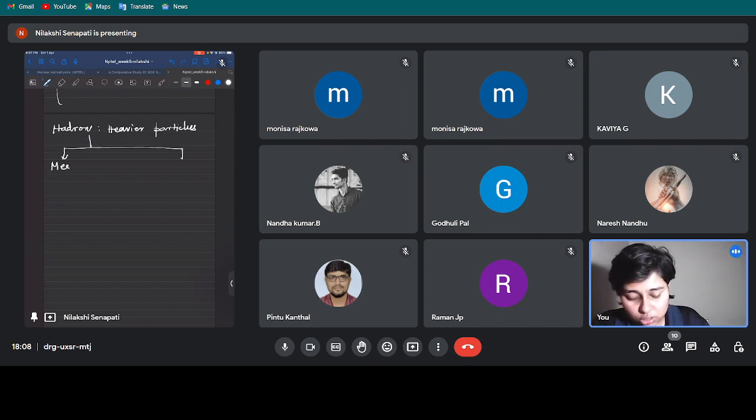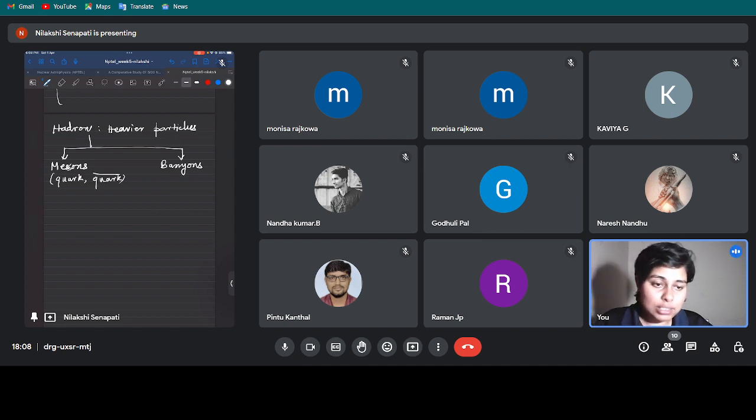One is mesons, and another is baryons. If I am making any mistake in spelling, please consider it, because sometimes I don't care about the spelling. Mesons are made up of one quark and one antiquark.